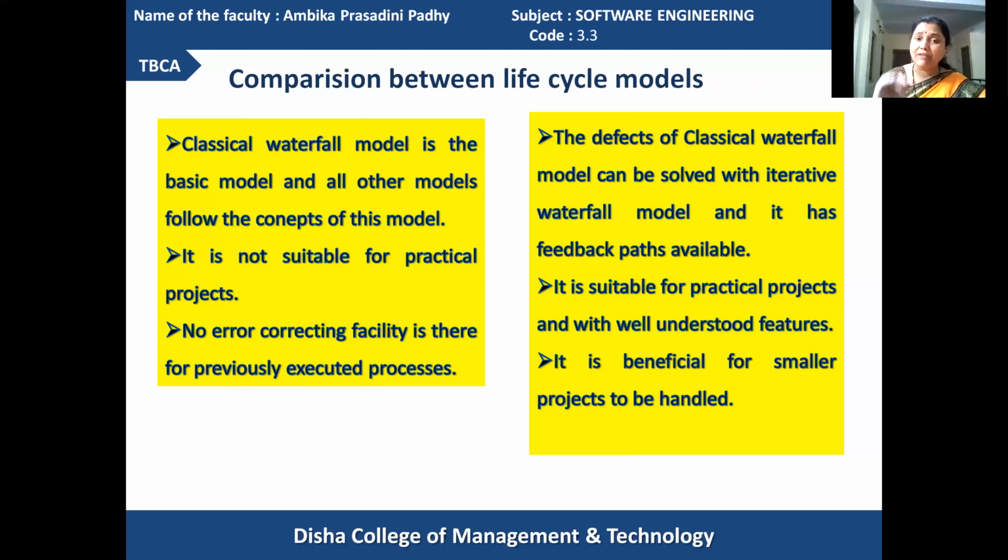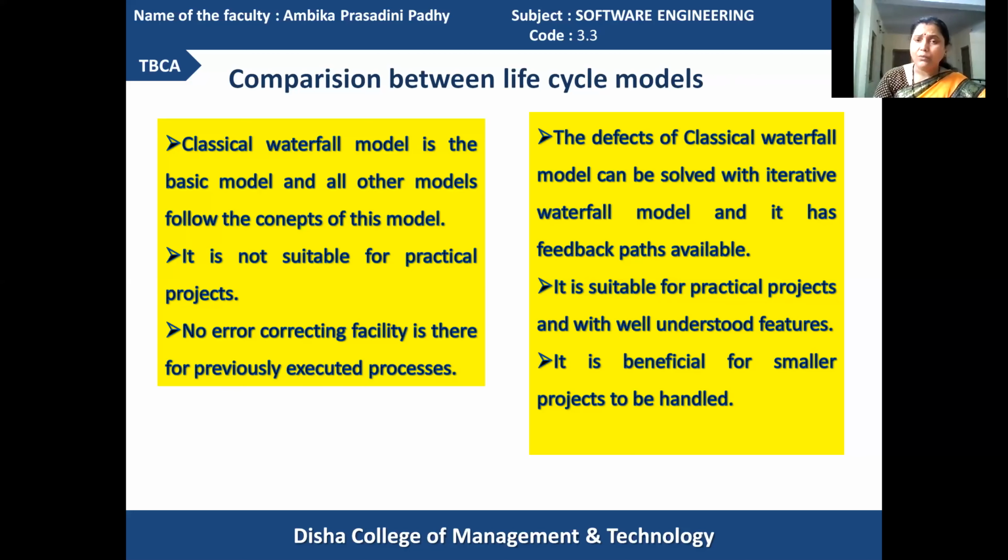It has several feedback paths. Feedback paths mean what? If we are in a particular stage and we find that there is some difficulty in that stage, we can find out what caused the problem. And we can also rectify the problem by going back to the respective stage in which the error occurred.